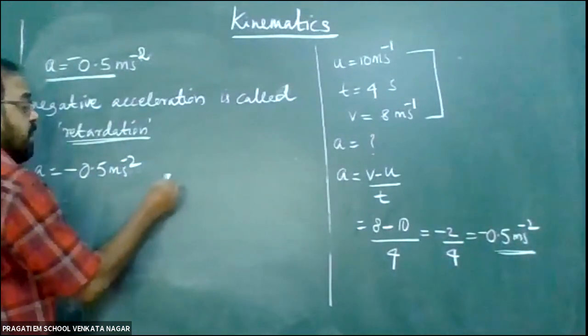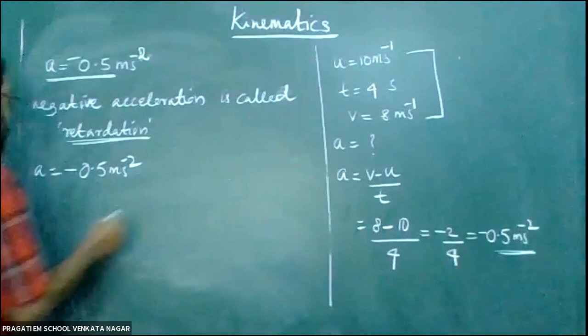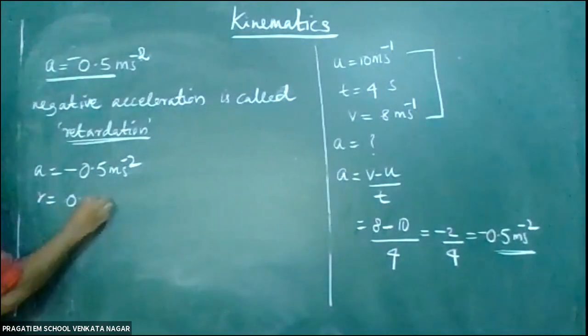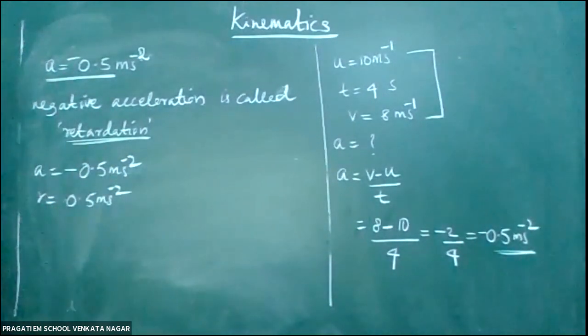If they ask you what is the deceleration or retardation, don't keep this negative. So retardation is positive 0.5 meter per second square. Only acceleration will be negative. Negative of negative will be positive.